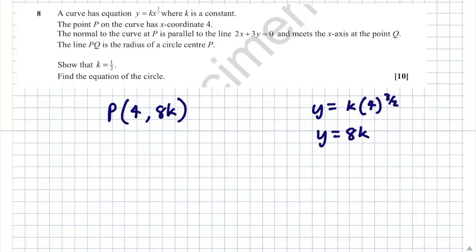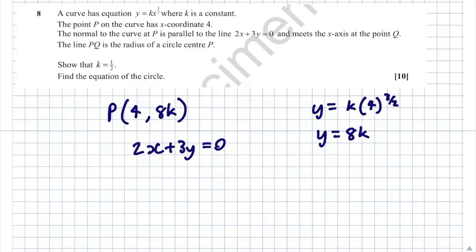Then we're told the normal to the curve at P is parallel to the line 2x plus 3y equals 0 and meets the x-axis at the point Q. So we can work out the gradient of the normal using this equation, 2x plus 3y equals 0. We need to rearrange it in the form y equals mx plus c.